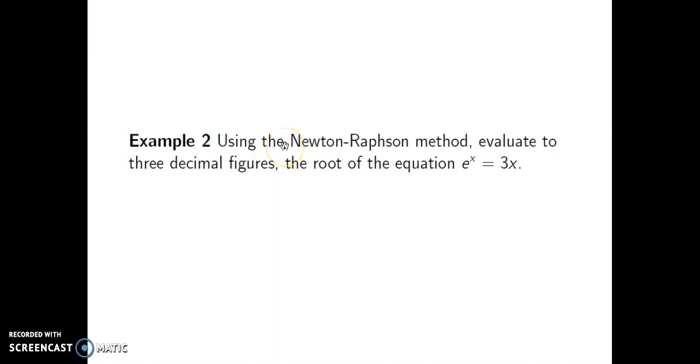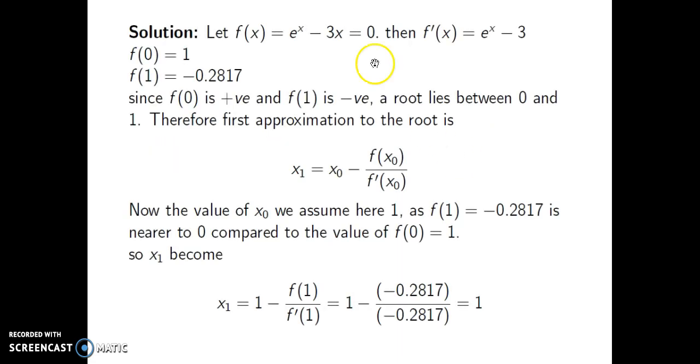Example 2. Using the Newton-Raphson method, evaluate to 3 decimal figures the root of the equation e raised to x equal to 3x. Now the second example we consider is a non-algebraic, that is a transcendental equation, containing an exponential function. Now this is our polynomial f of x equals e raised to x minus 3x, and we find the derivative f dash of x, that is e raised to x minus 3.